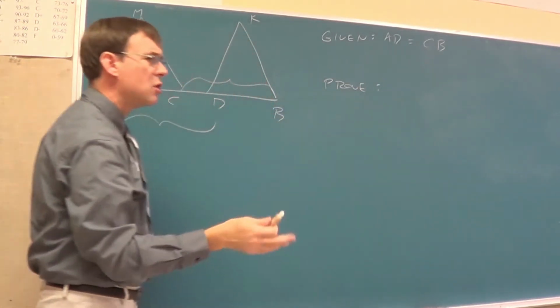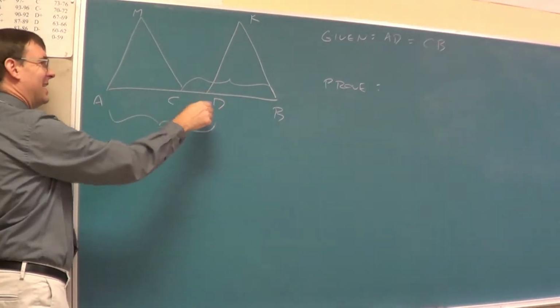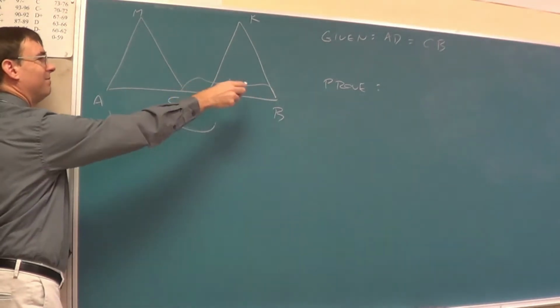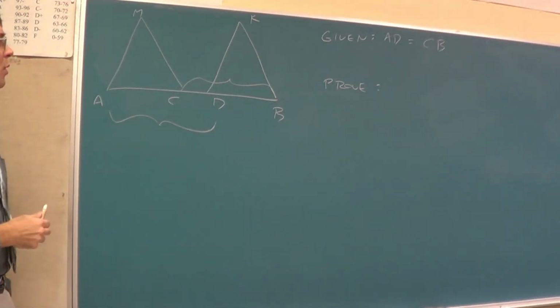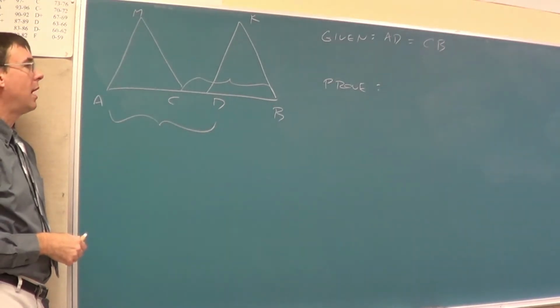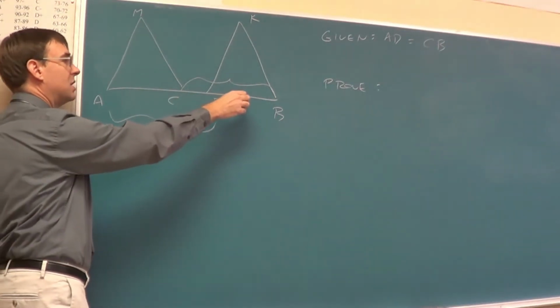Can anybody, they'll usually tell you this, but just to see, if AD is the same length as BC, can anybody tell me what would have to happen as a result of that? What other truth would emerge? AC would be the same as DB.